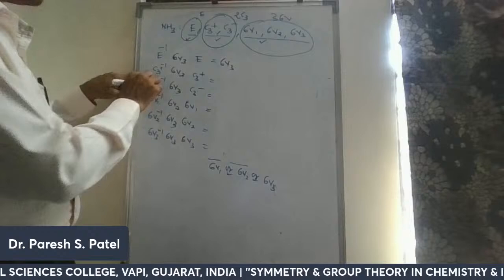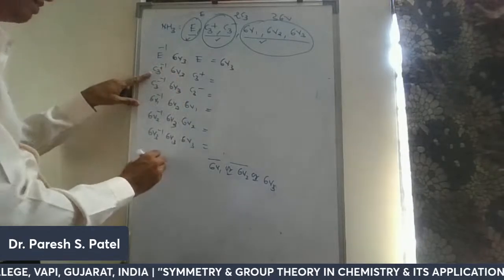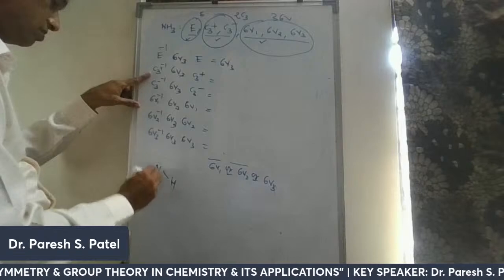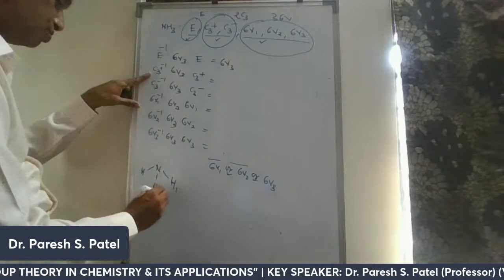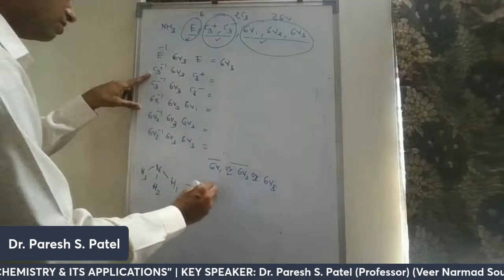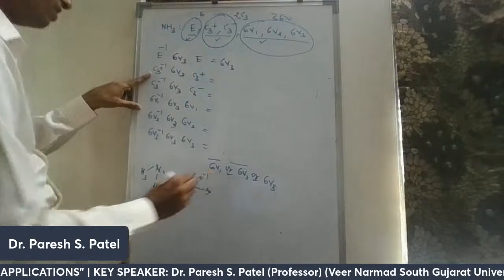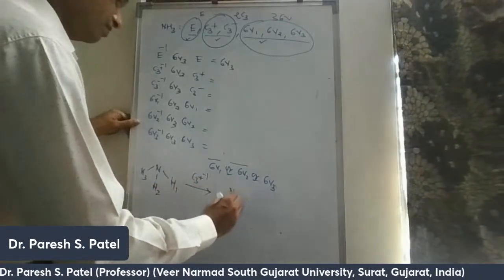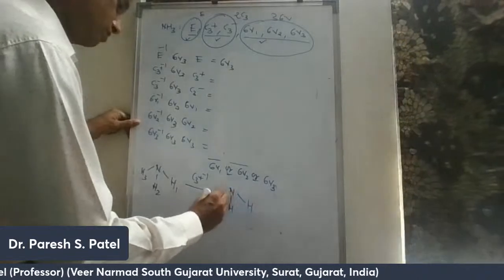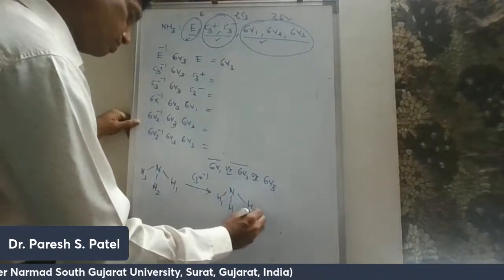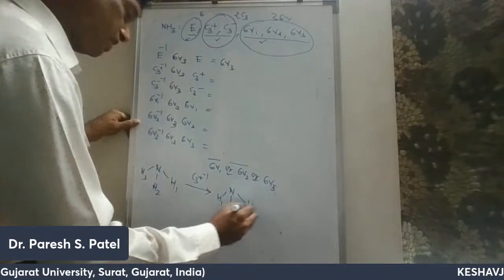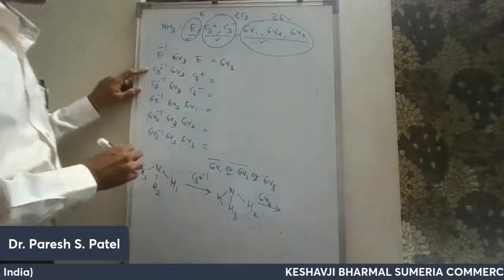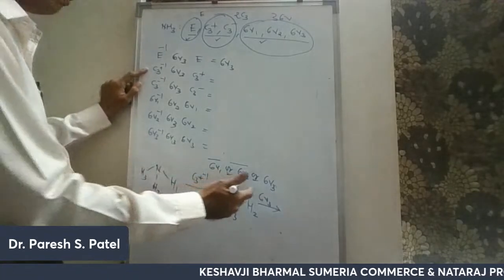Now, if we operate C3 plus inverse sigma V3, 1, 2, and 3. C3 plus inverse means one time anticlockwise rotation. So 1, 2, and 3. Then sigma V3. This is again rotation followed by the reflection.